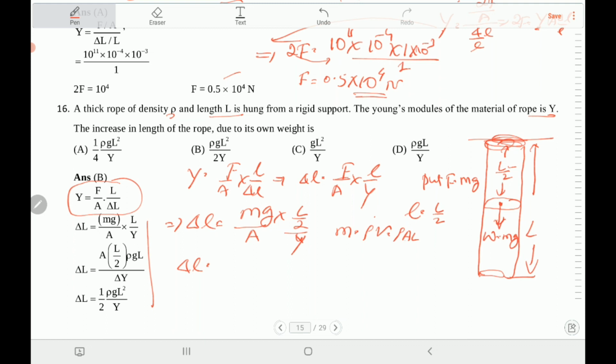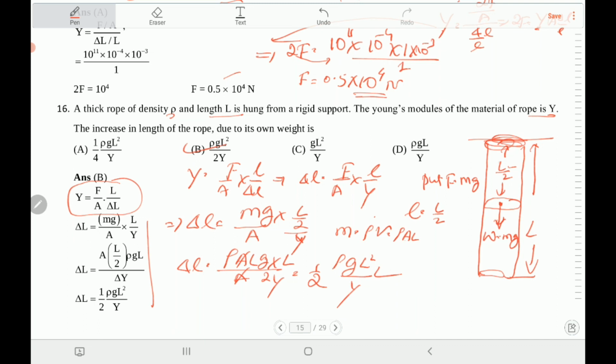Therefore, for M you write rho A L into g into L whole divided by A into 2Y. So A cancels. You are left with half times rho g L square divided by Y. So we have to go with option B. That's it.